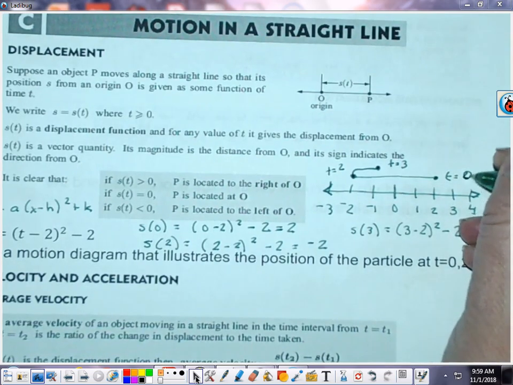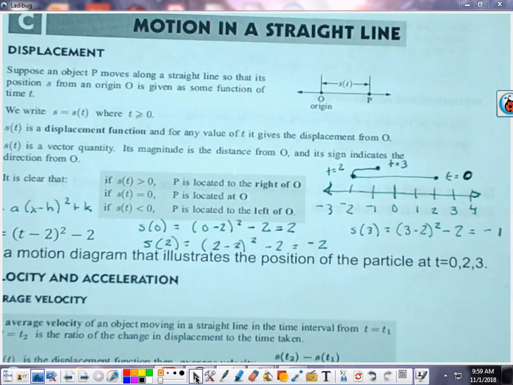I don't know why I did that. I think because it was position 2. But yeah, that's where it was at time 0 and then time 2 and then time 3. Thank you. So if you get a positive s value on your number line, that means you're to the right, and negative would mean you're to the left, if you're talking about motion on the number line. So that's what those signs tell you.